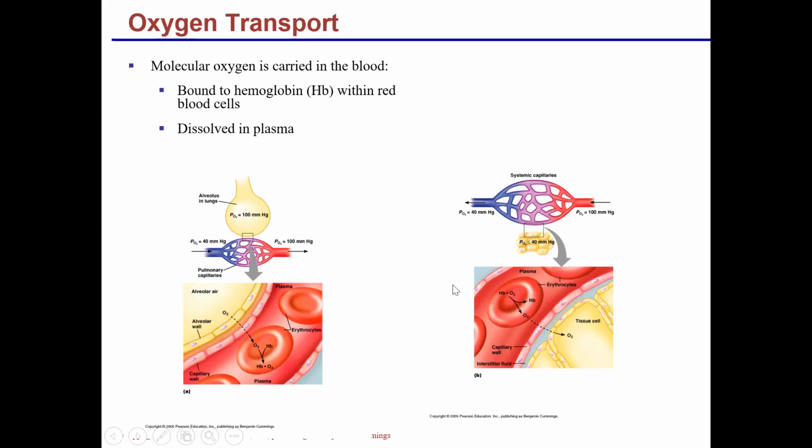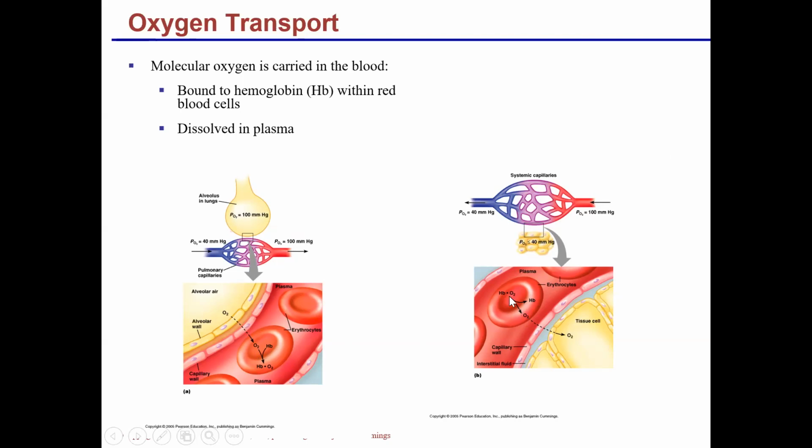This is the external respiration part, and this is the internal respiration. Now you see the blood vessel and tissue cells. At this part, the oxygen will unload. That means the oxygen will dissociate from the hemoglobin and become free oxygen.